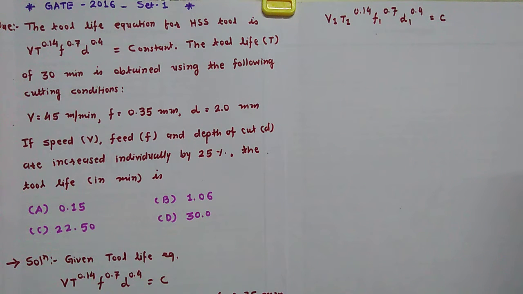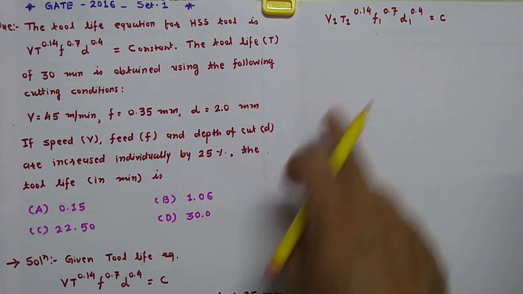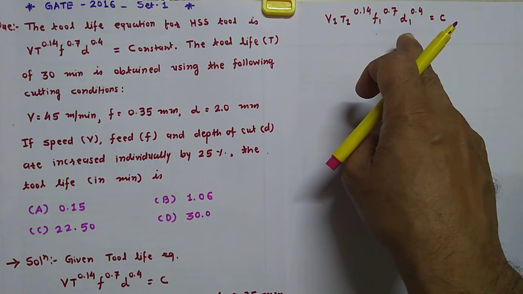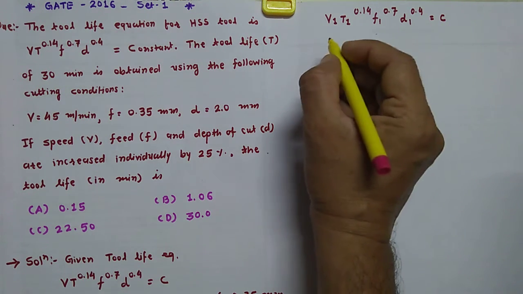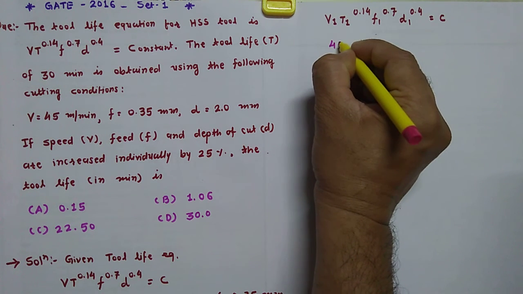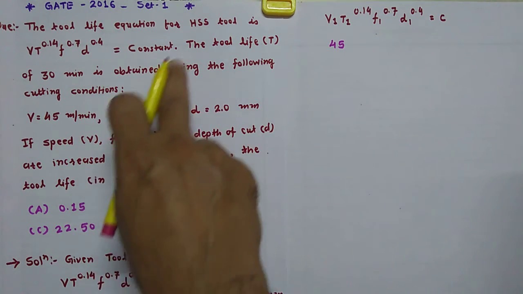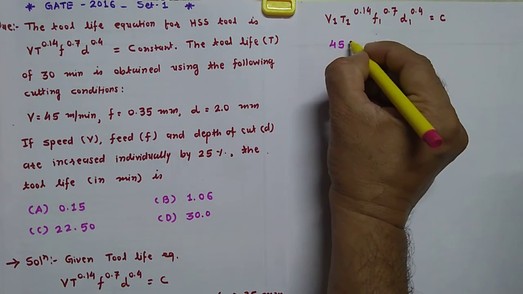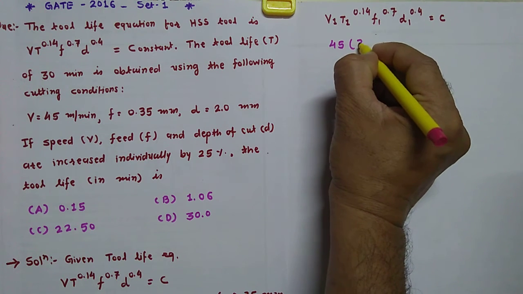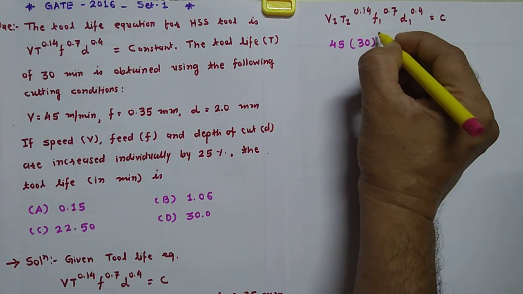Now we can put the values of speed, feed and depth of cut in this equation. Speed is 45 meter per minute, so 45. Life, that is 30.